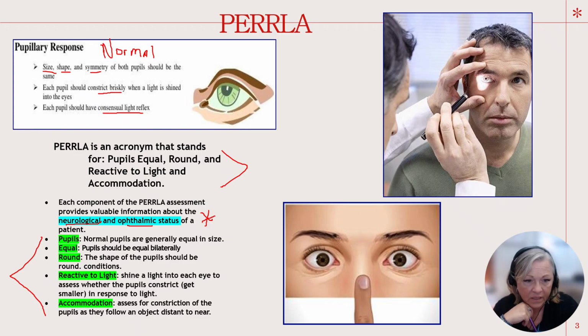Conditions, I didn't finish my sentence. Conditions may alter this, meaning medical conditions or surgical conditions. Then the next part is: is it reactive to light? So you are assessing that when you're looking for the size of your pupils. But what you're also going to be documenting is that they did react to light.